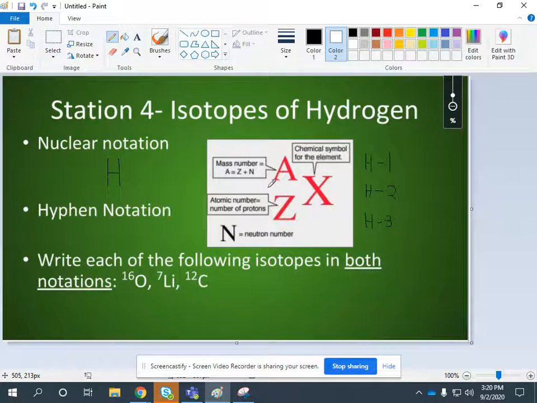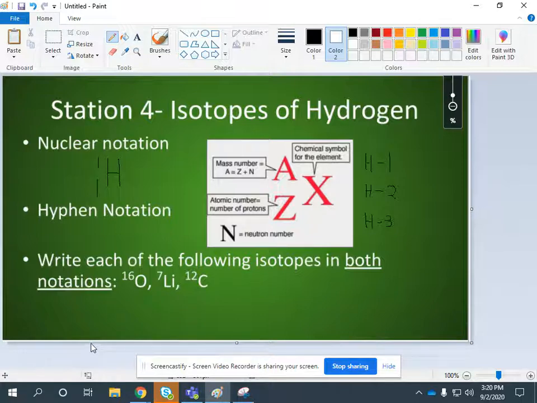So if I'm writing out the nuclear notation for protium, hydrogen 1, I'm going to put 1 on the top because that's the mass number. And then the number on the bottom is the number of protons. Well, hydrogen has 1 proton. It's number 1 on our periodic table. So I'm going to put a 1 on the bottom here as well.